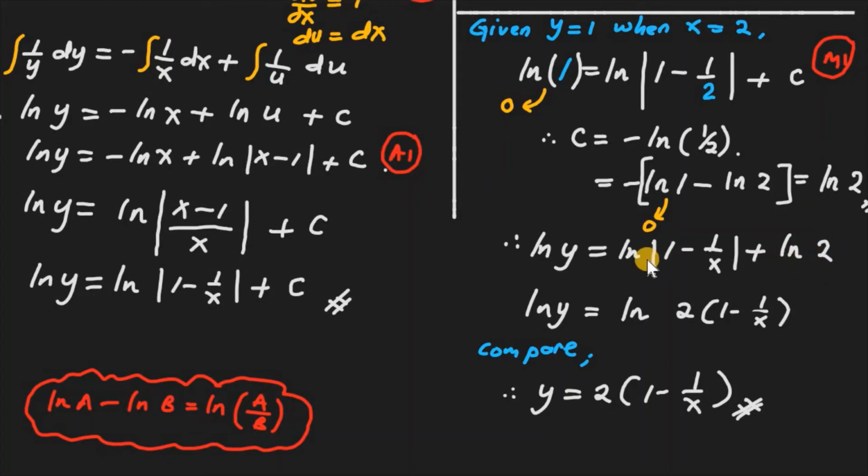Okay, and then to get the Y, we are left with ln Y, replace it back, ln Y equals ln 1 minus 1 on X, our C is ln 2.